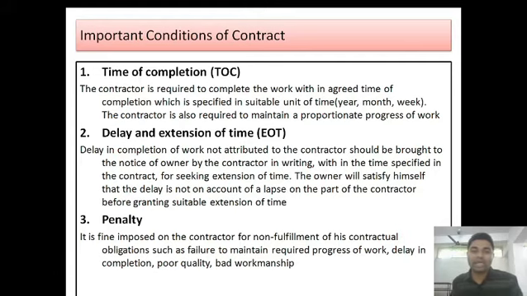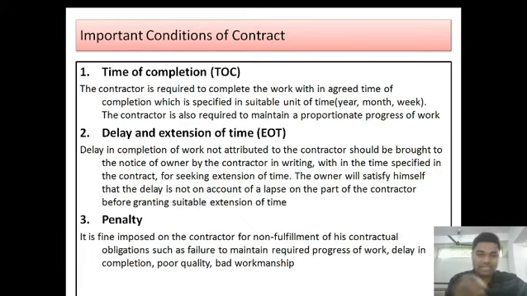There the contractor requests the owner for an extension of time. When the contractor is asking for an extension of time, he has to explain to the owner, by writing the details, for what reason he is asking for it.